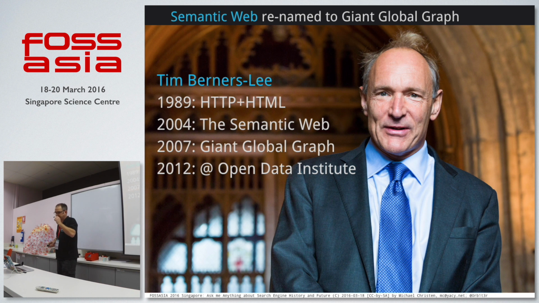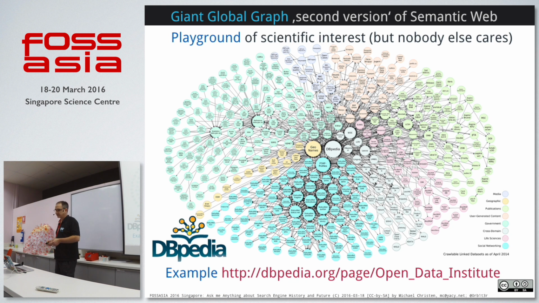So Tim Berners-Lee came up with HTML and HTTP, and he created the idea of the semantic web, which is basically a good idea, but people didn't have enough discipline to make it correctly, and therefore he formulated something which is called the Giant Global Graph, which is exactly the same as the semantic web, but also together with some rules how to create semantic annotation. And this caused that, for example, DBpedia started to collect information in the syntax of RDF schemas according to the Giant Global Graph.